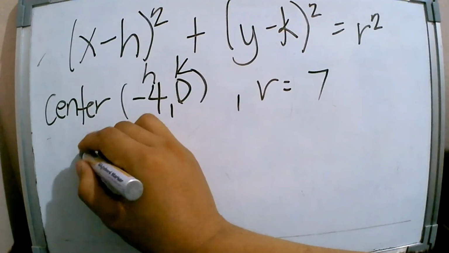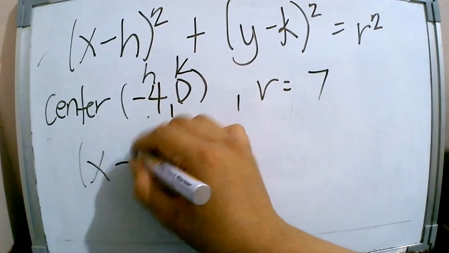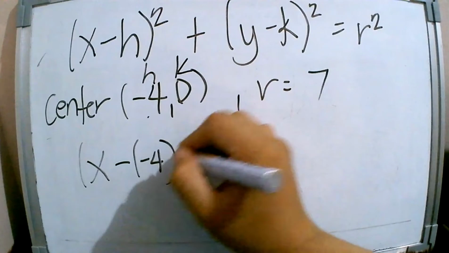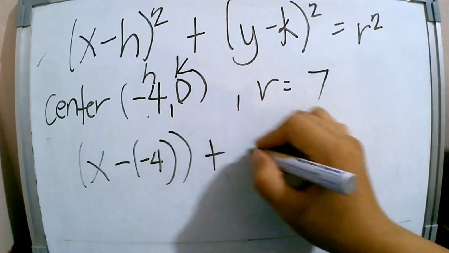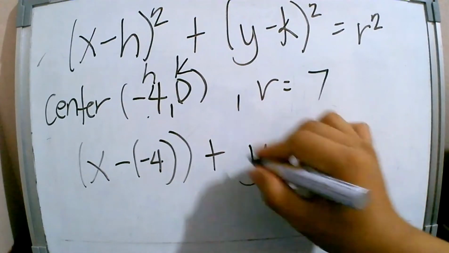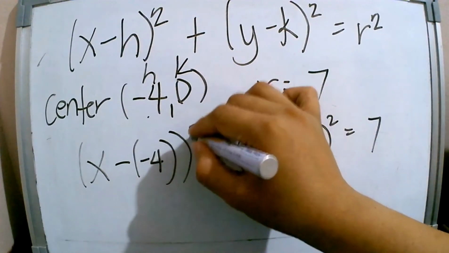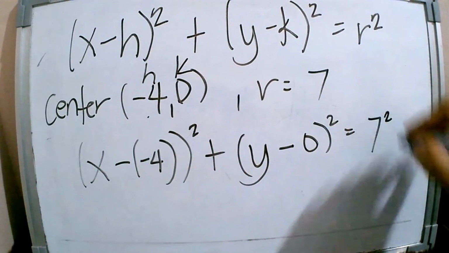So we have x minus, h is -4, plus y minus k, k is 0, equals 7 squared.